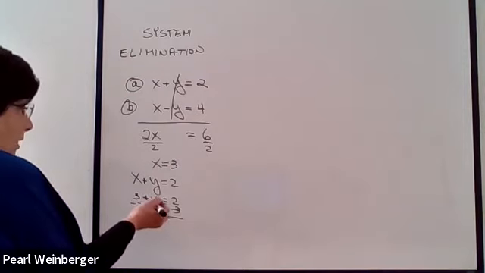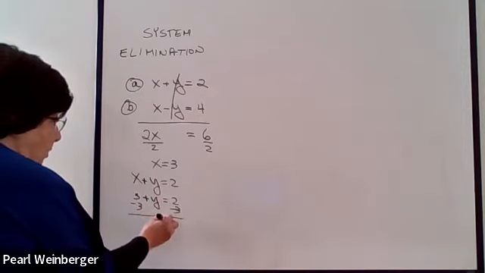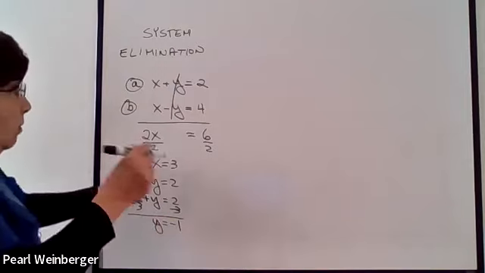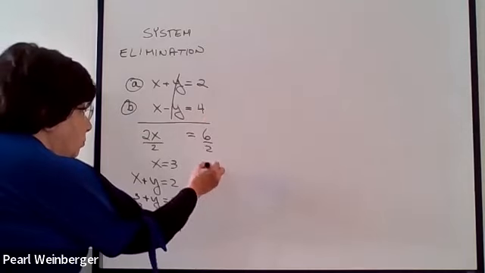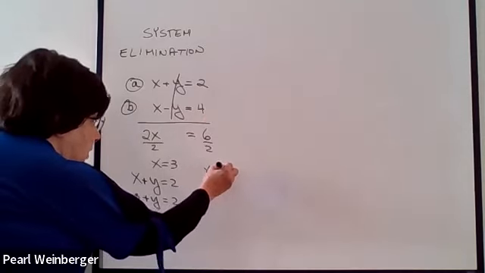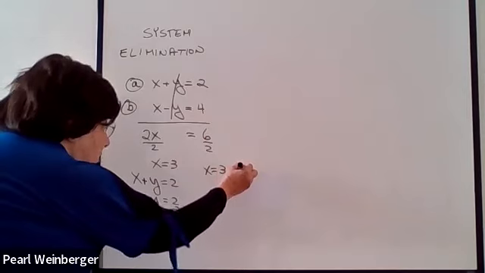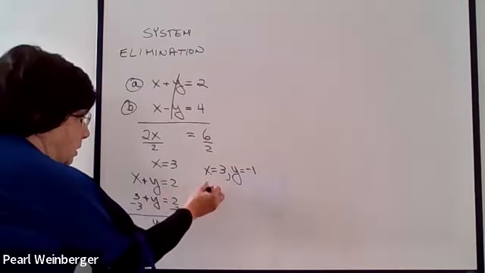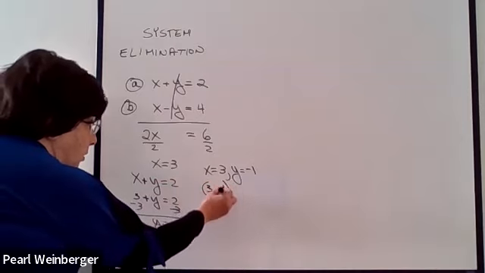And solve that equation, and it gives me y equals -1. So now I have my system solved. I know that x equals 3 and y equals -1. I could have written it as 3, -1.